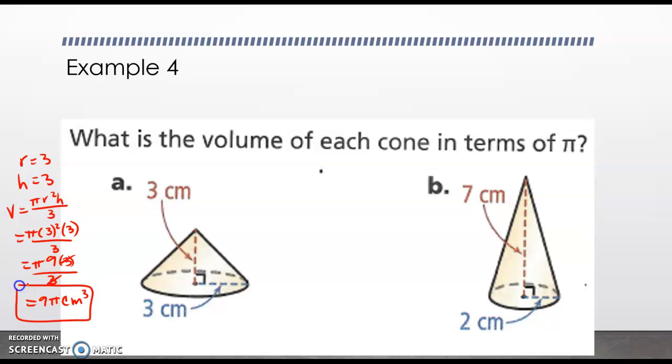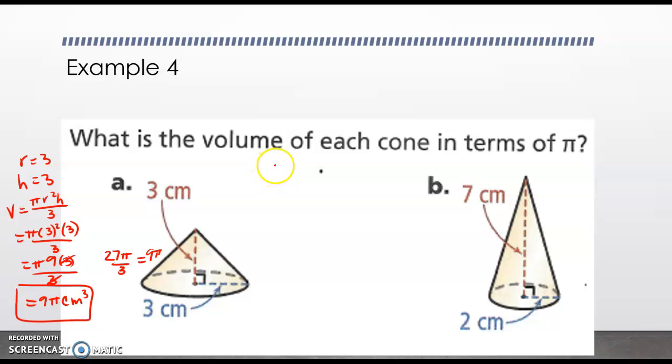If we would have done the multiplication, we would have ended up with 27 pi over 3, which equals 9 pi. I just did the division before I multiplied. But you have to square before you do anything like that.